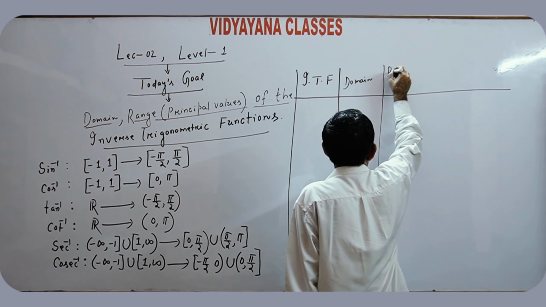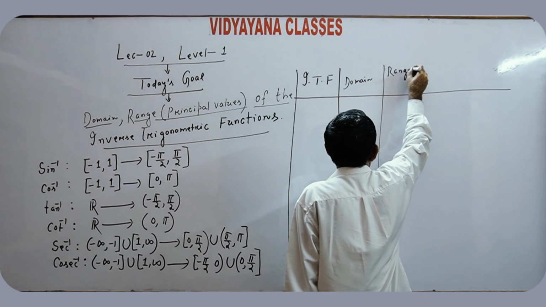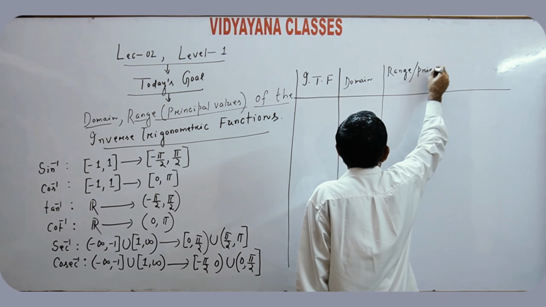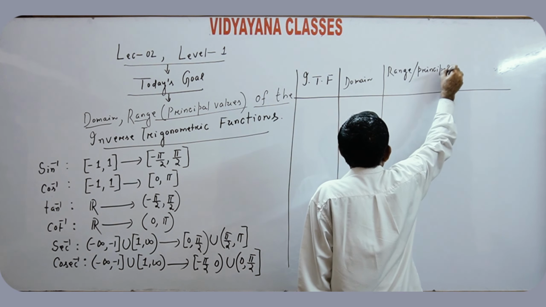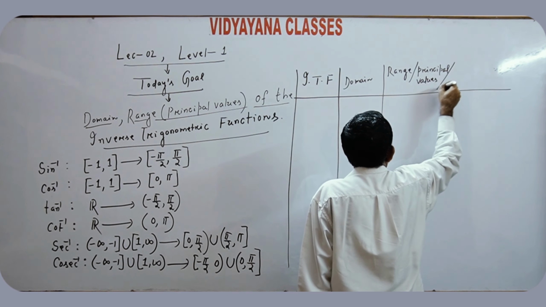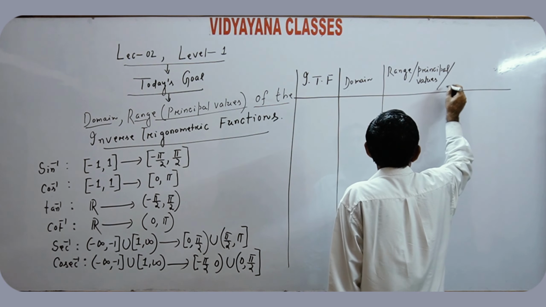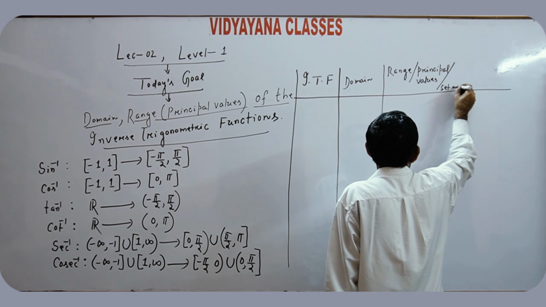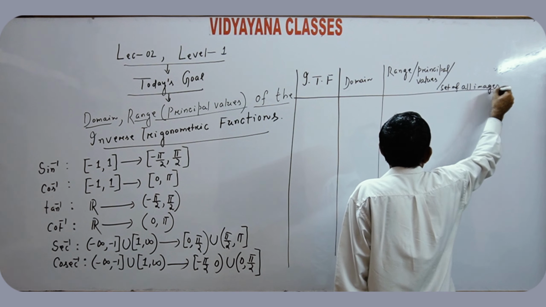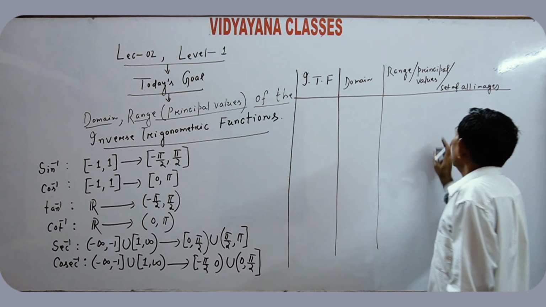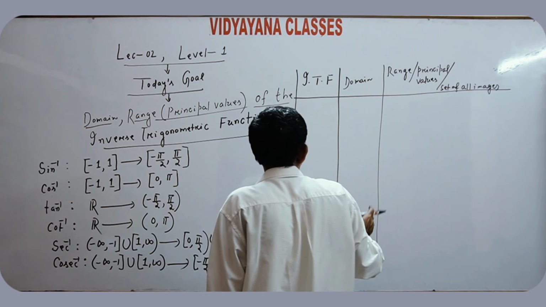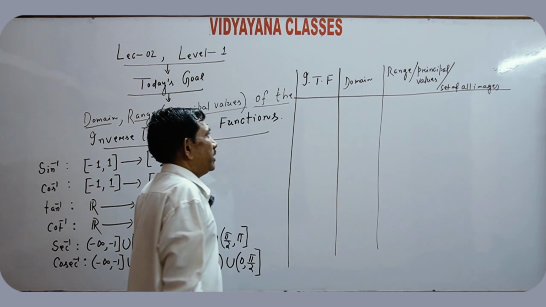Range or principal values or set of all images. Set of all images is called range. Range or principal values of the inverse trigonometric function or set of all images.